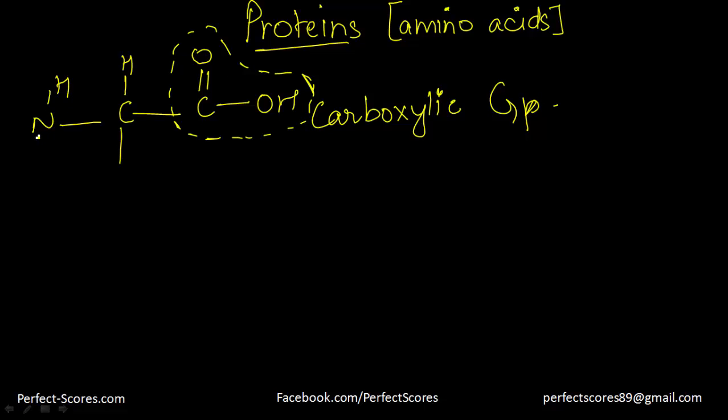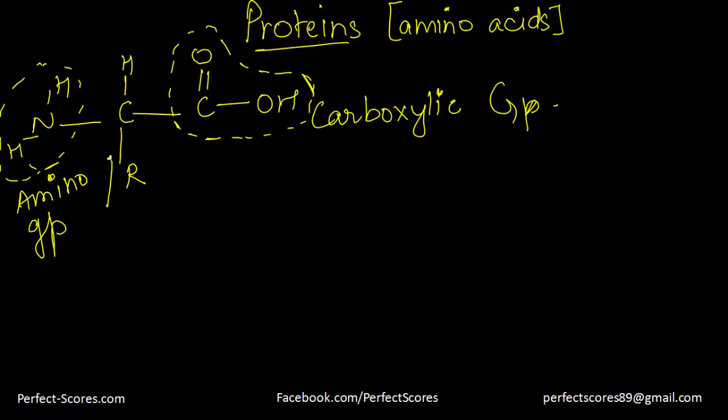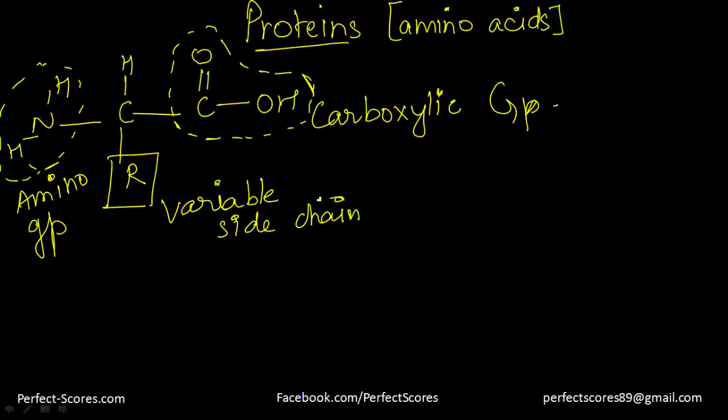And this over here is known as an amino group. Over here is the side chain, which is variable. So we just name it R. That would vary for different amino acids. The remaining structure is going to remain the same.